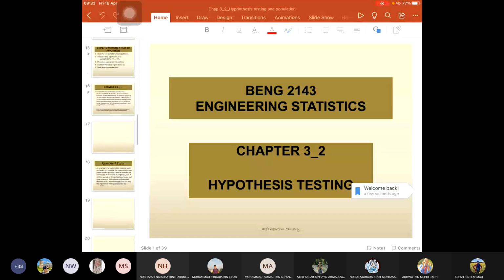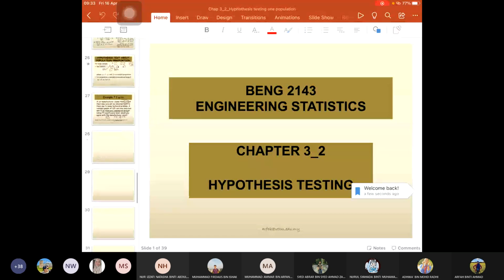Okay, exercise slideshow from current. Okay, so exercise 7.4.